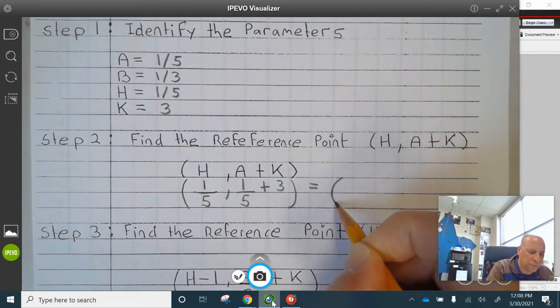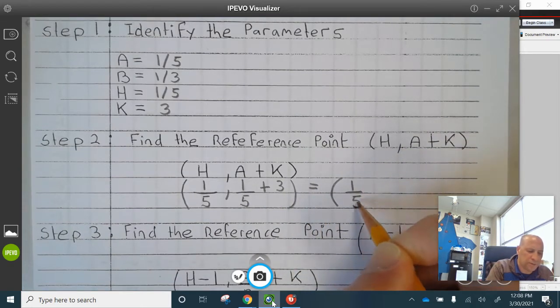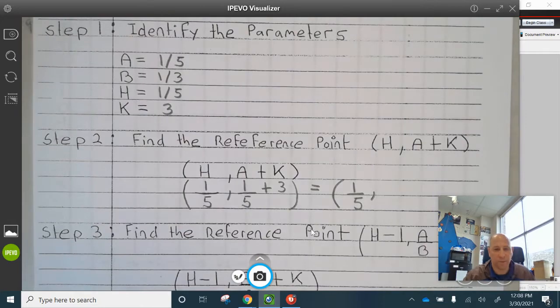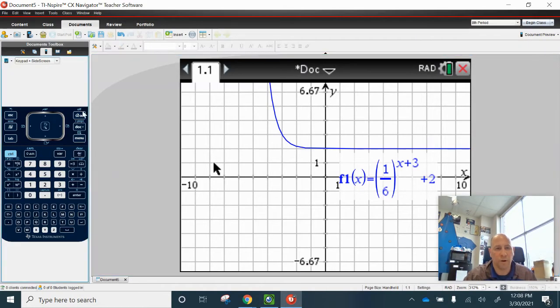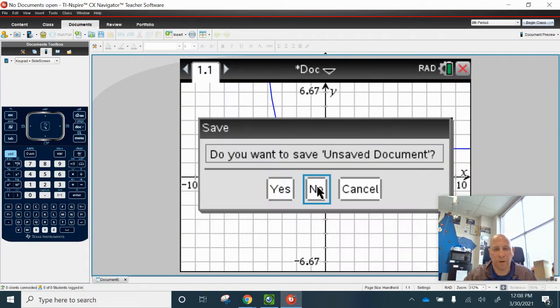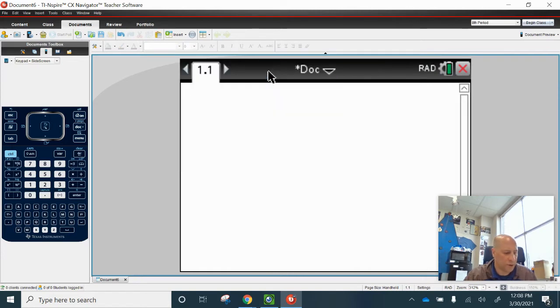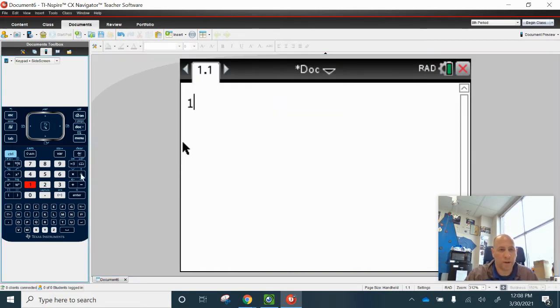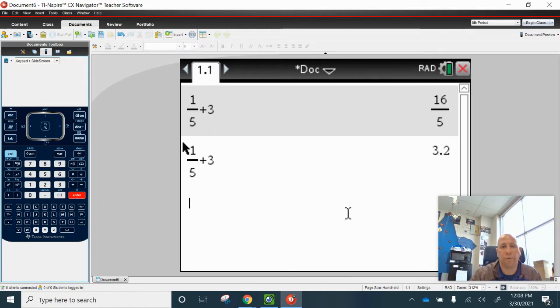Well, we know that's going to equal 1/5, comma, let's go ahead and put 1/5 plus 3 in our calculator. So on new document, add calculator. So 1/5 plus 3 is 16/5. Wait, let's see what it is as a decimal. Control Enter, 3.2. I think it'd be better to put it in as a decimal, 3.2.